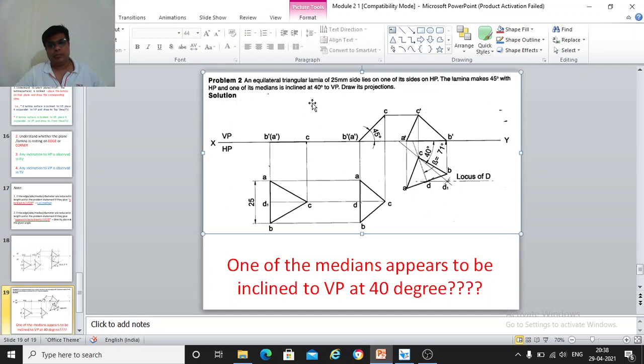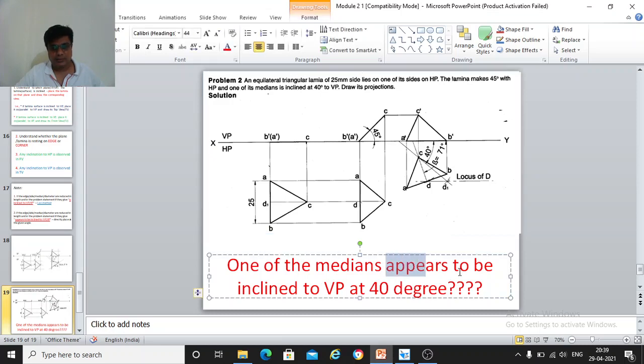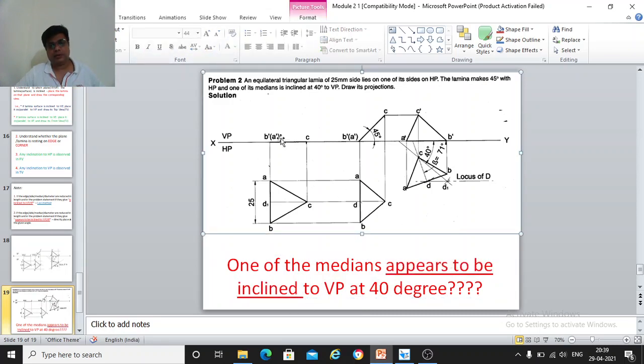When the sentence says one of the medians is inclined at 40 degrees to VP, instead of this sentence I'll make it "appears to be inclined". So this small change I have made: is inclined, appears to be inclined. It will make a change, and that change you have to understand here.